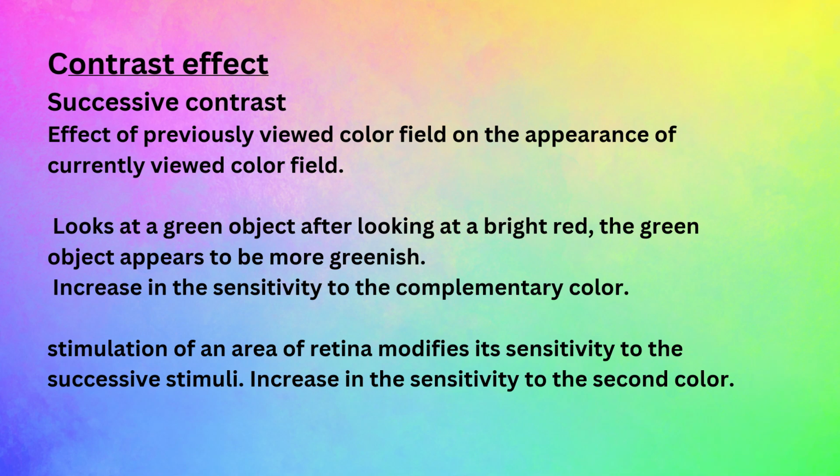There is an increase in the sensitivity to the complementary color. The reason for the successive contrast is that stimulation of an area of retina modifies the sensitivity to successive stimuli. There is an increase in the sensitivity to the second color.